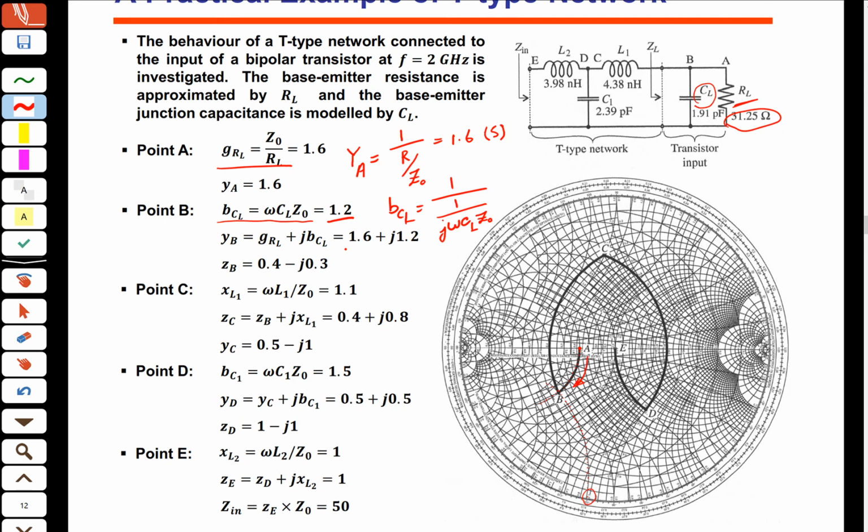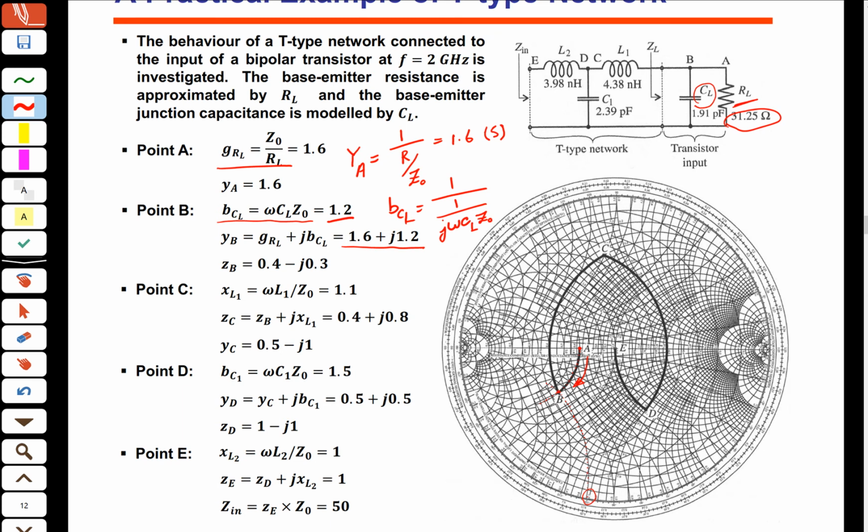It's 1.6. I thought maybe this one is 1.8 and this one is 1.6. Is it clear, guys? I just moved to this point, which is 1.6 plus J1. Point B is there, all right?